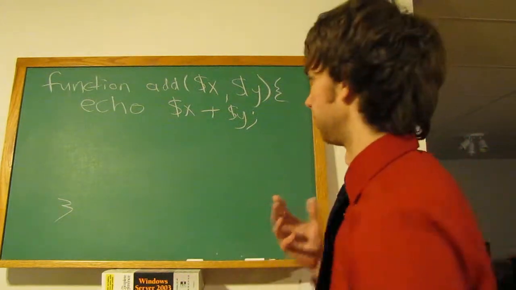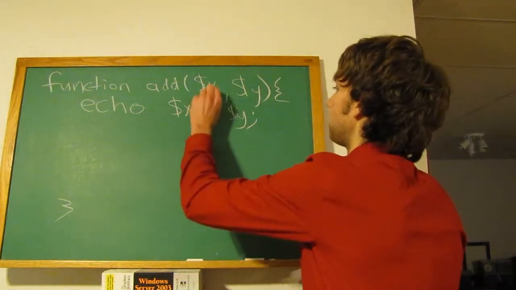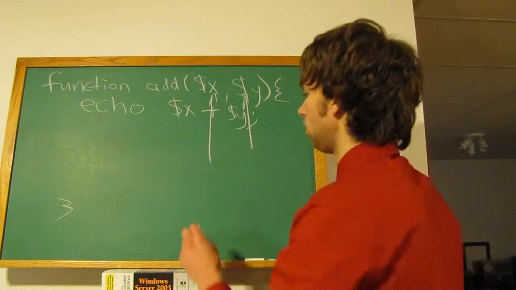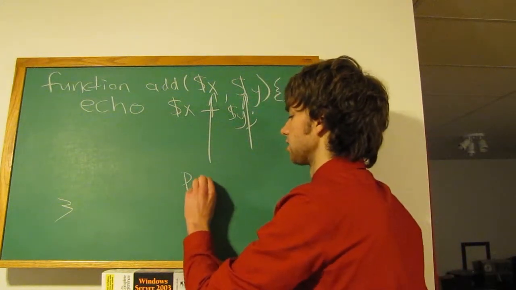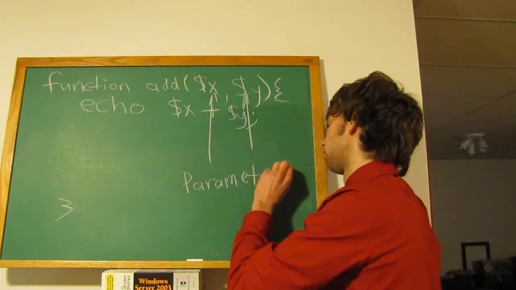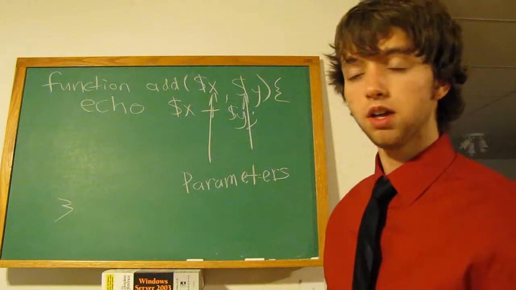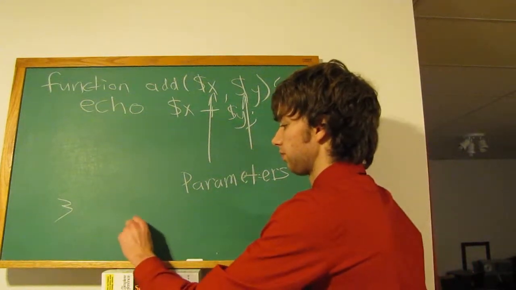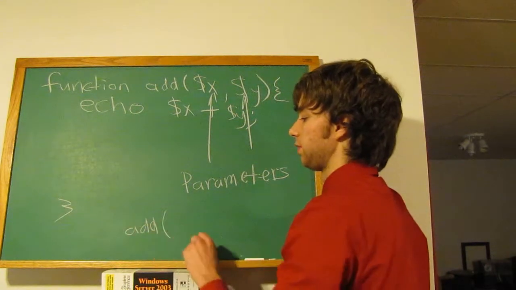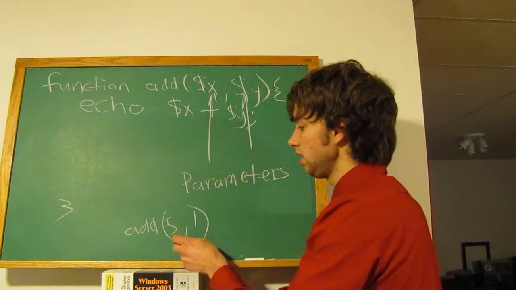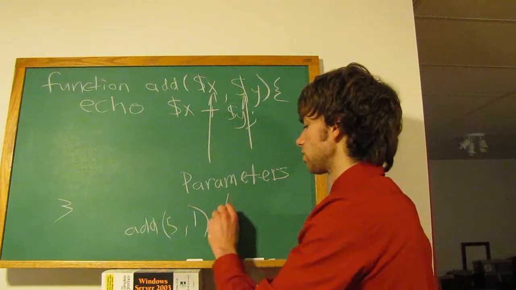These variables that we put our values in are known as parameters. The values we give it when we call it, so add, and then within parentheses 5 and 1, are known as arguments.